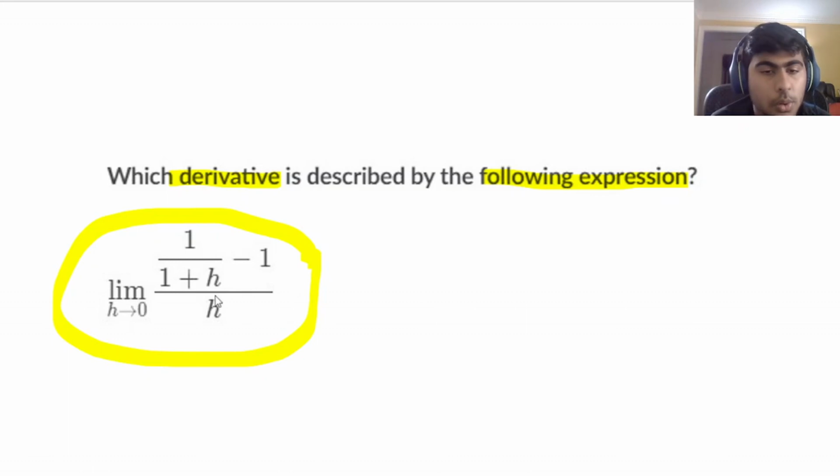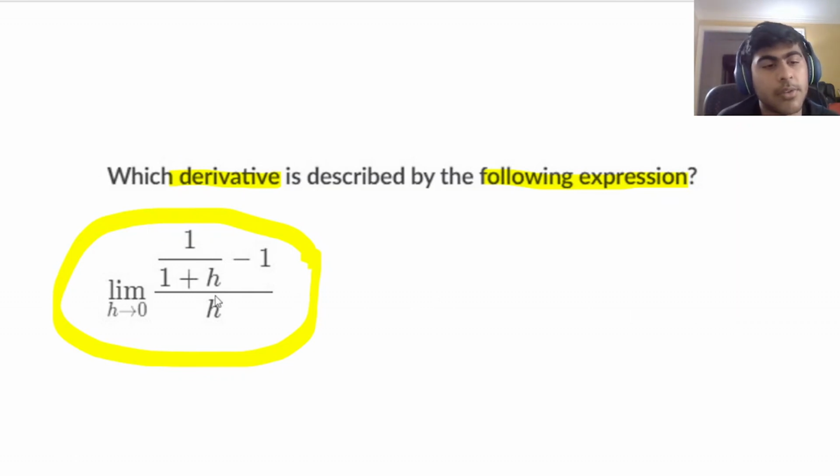All right, so we're asked for 1 over 1 plus h minus 1 over h, when the limit is as h approaches 0. All right, so this is one type of the difference quotient, right?